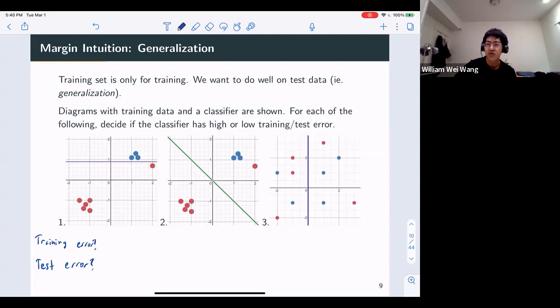Since this one's a shorter poll, I'll give you probably another 2 minutes to do this.